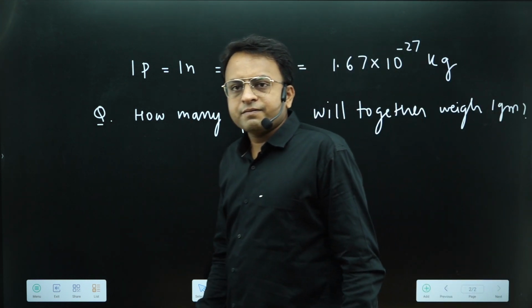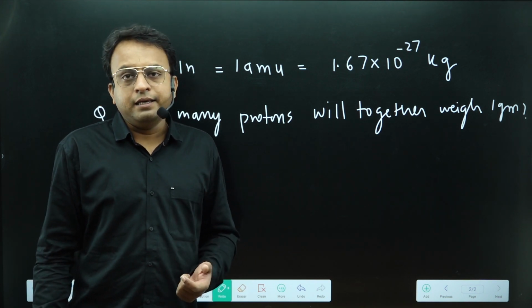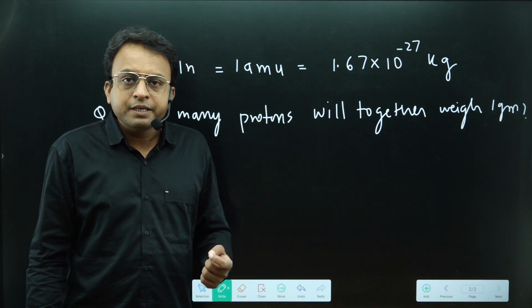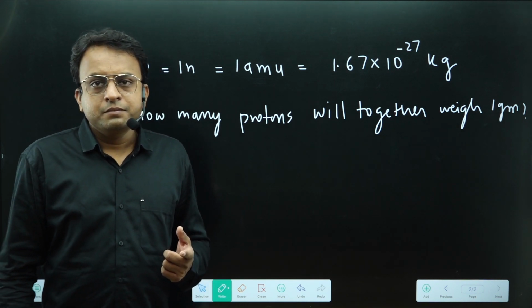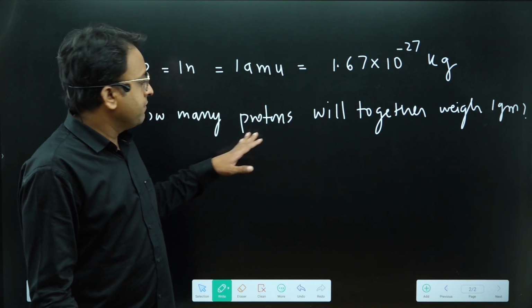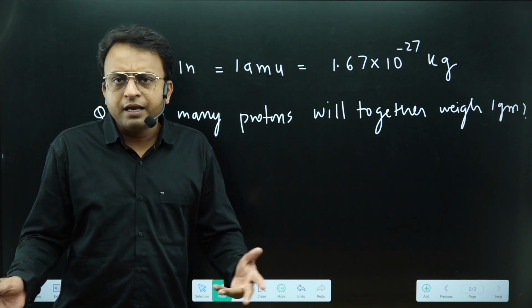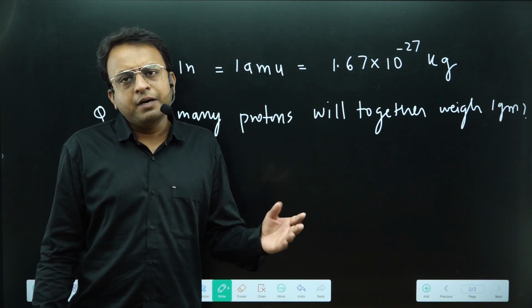Why are we asking for 1 gram? Because 1 gram can be measured easily. We cannot measure microgram, nanogram. We can physically measure 1 gram, 2 gram, 4 gram, 10 gram. We use grams in day-to-day life.